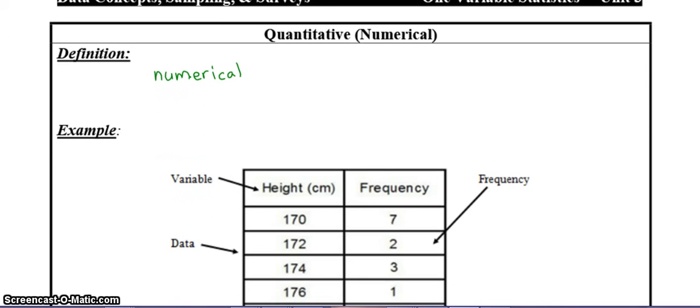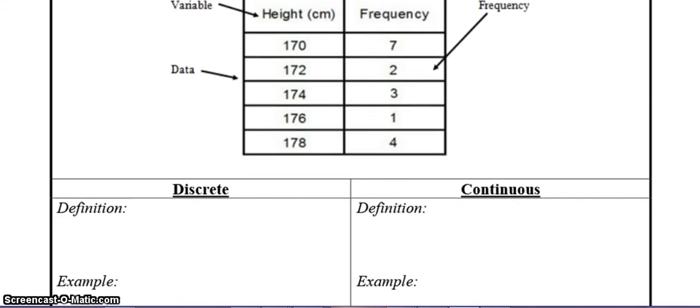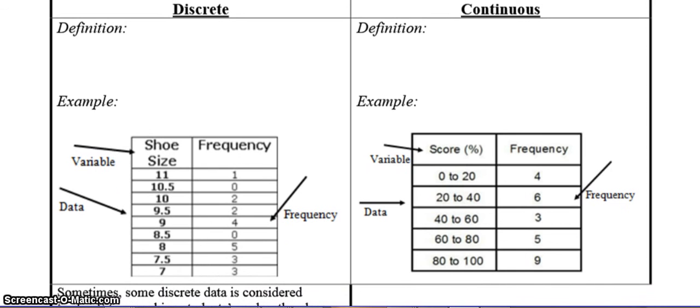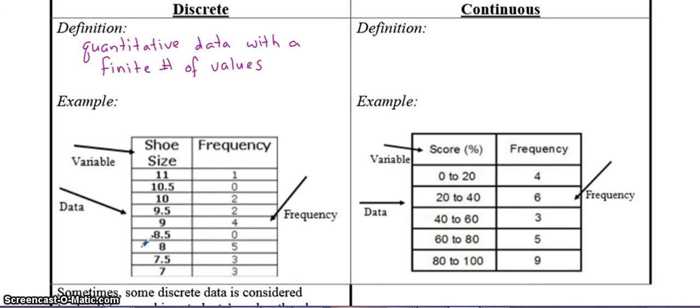If we take a look at quantitative data, we can break that down into discrete and continuous. Discrete data is data which has a finite number of values. For instance, shoe sizes, you can be a size 8, 8.5, 9, 9.5.